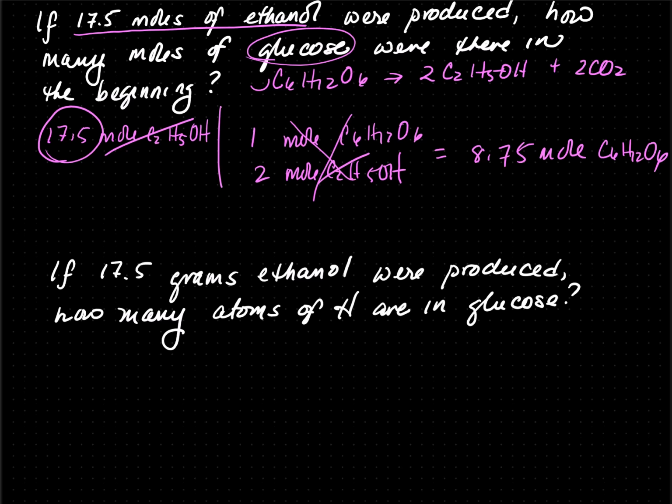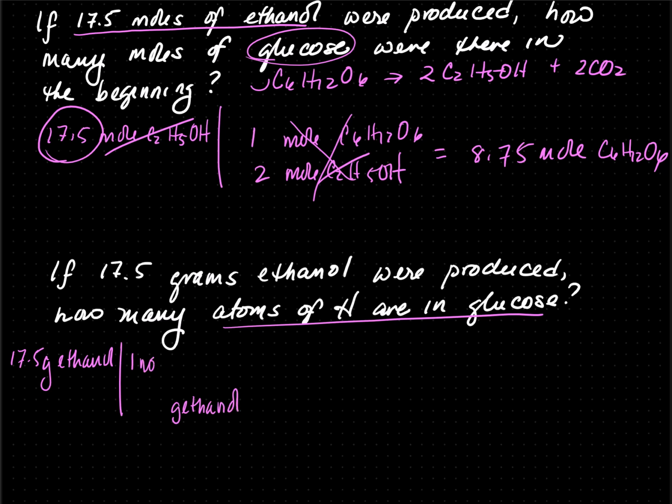In this next problem, we're going to start with what's given, which is 17.5 grams of ethanol, and we're looking for atoms of hydrogen in glucose. So we know we need to go to moles because we're going from ethanol to glucose. Diagonal units have to be the same, grams of ethanol. We know this is molar mass because it's grams.